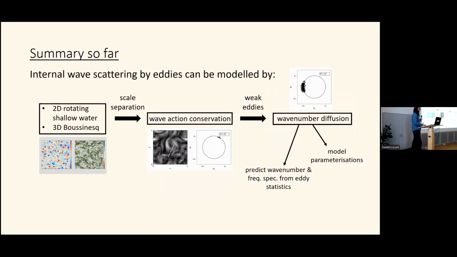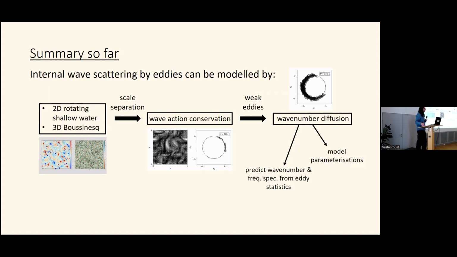So as a summary process plot, you can describe these wave-eddy interactions with direct numerical simulations. So either 2D shallow water or 3D BCMS, you get some nice scattering. If you want, you can invoke scale separation, then you get a simpler formulation, which is wave action conservation, and this is equivalent to ray tracing. So that's scale separation in space and time.